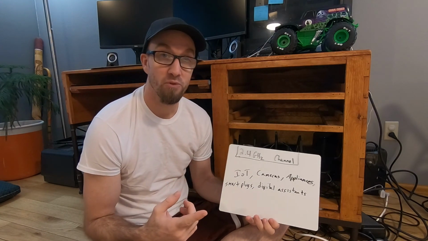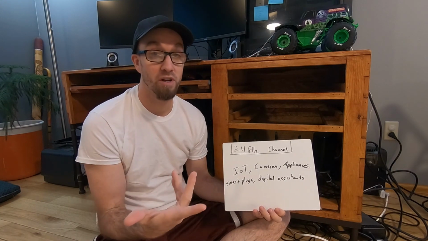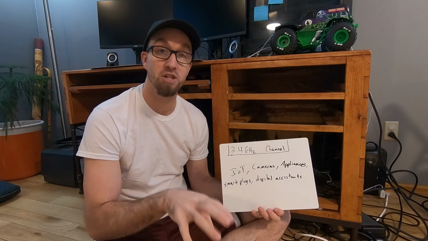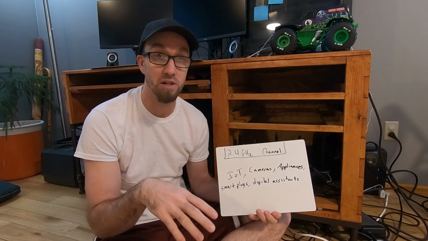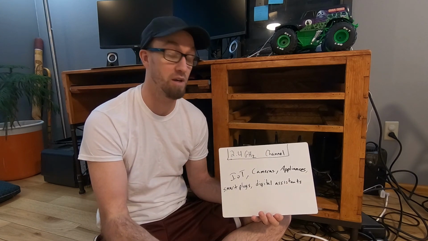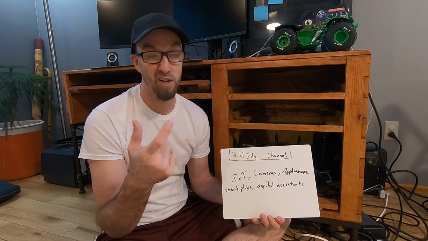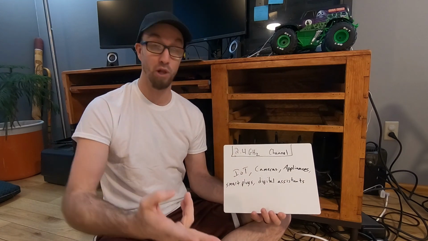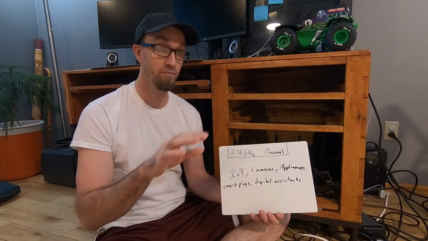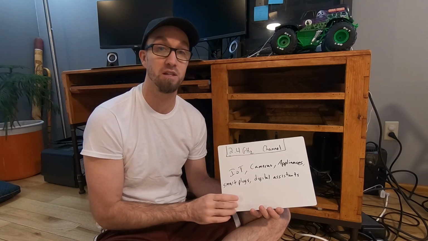So on the 2.4 gigahertz channel, all of our Internet of Things are fully separated. That way they're not taking bandwidth or slowing any other connections down. So that's cameras, appliances, smart plugs, digital assistants, all of those we have segregated to this channel.